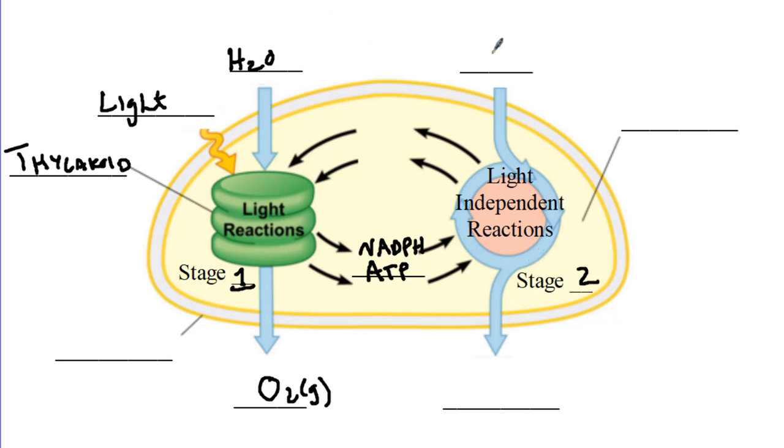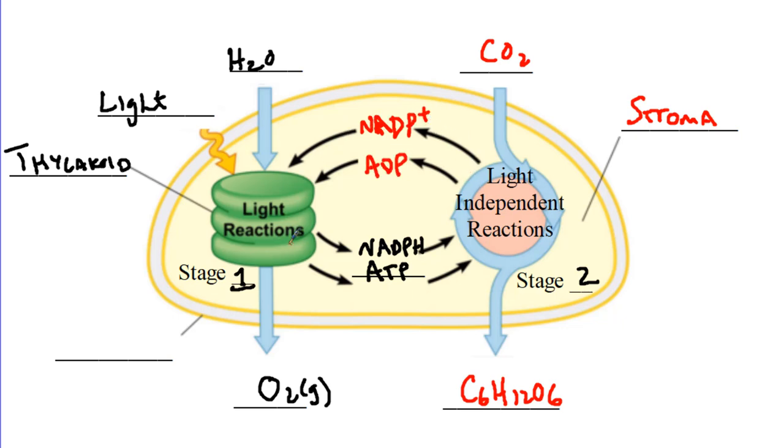And these are the high energy molecules that are going to help break down the light independent reactions. In these light independent reactions, obviously we're having carbon dioxide gas coming in, and this is happening in the stroma. And what's happening here is the energy is breaking down the carbon dioxide into C6H12O6, and what's coming back into the cycle is NADP plus and ADP.